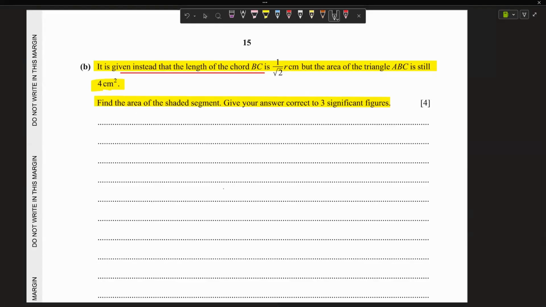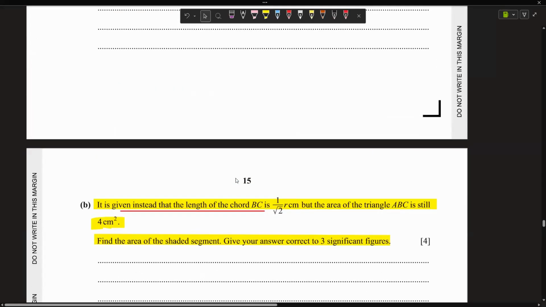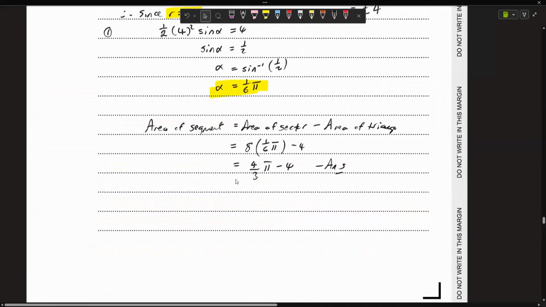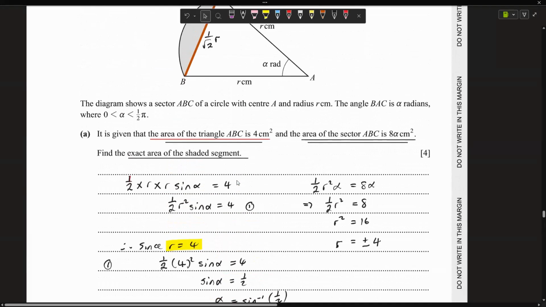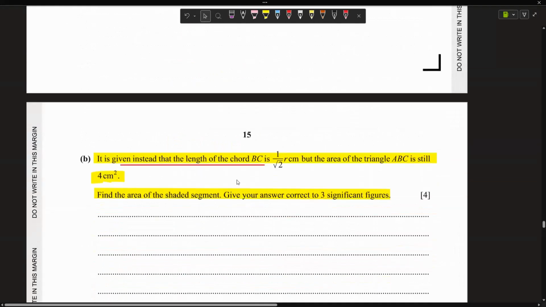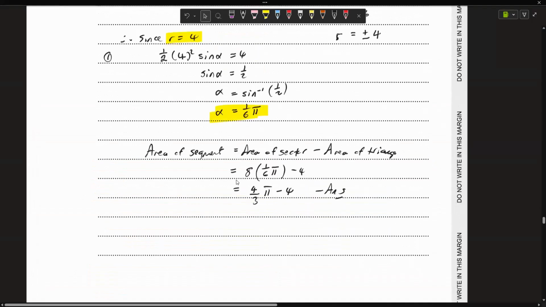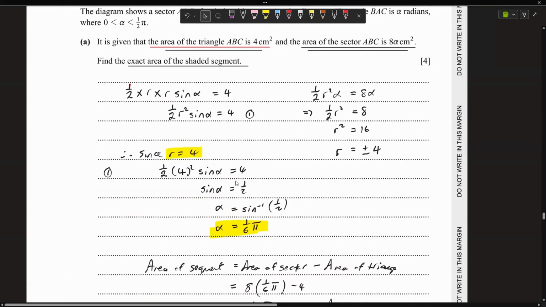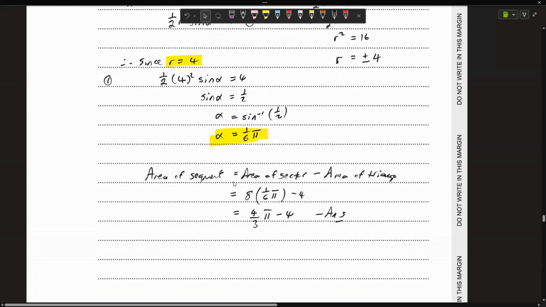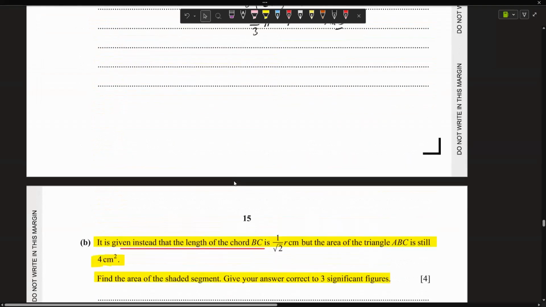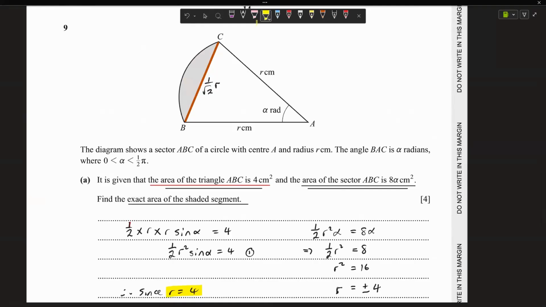Okay, let's go about it. What we need to find here is the value of alpha and the new value of R, because we have new conditions here. We know, let's start with the fact that BC is half R, and I'm going to use the cosine rule.